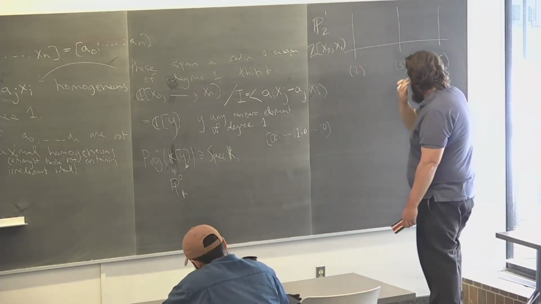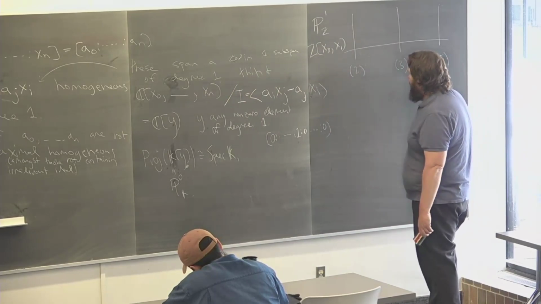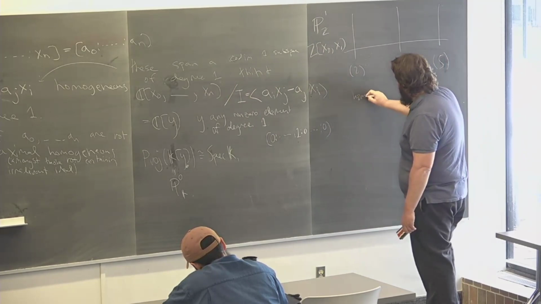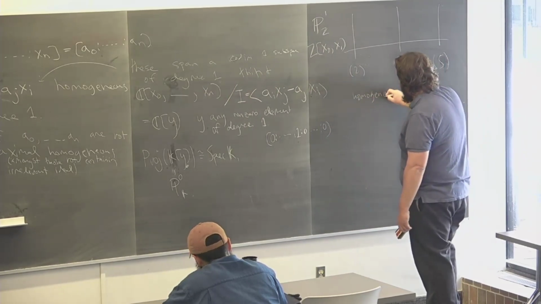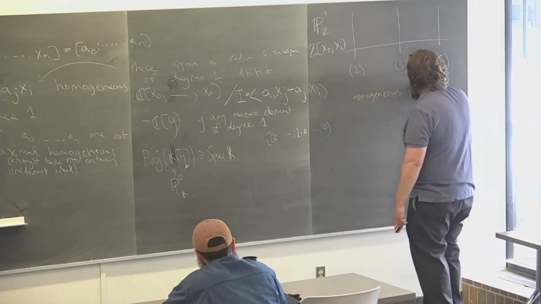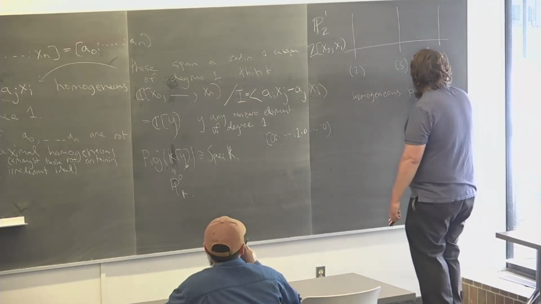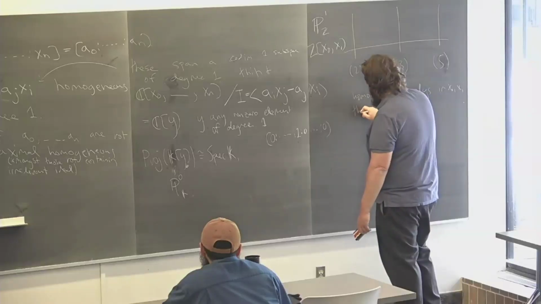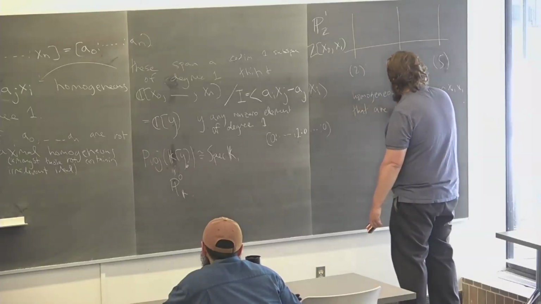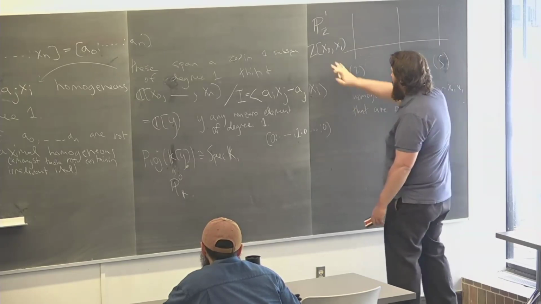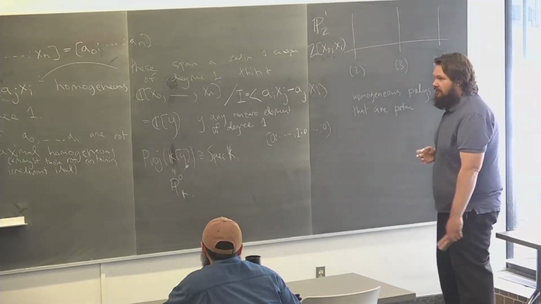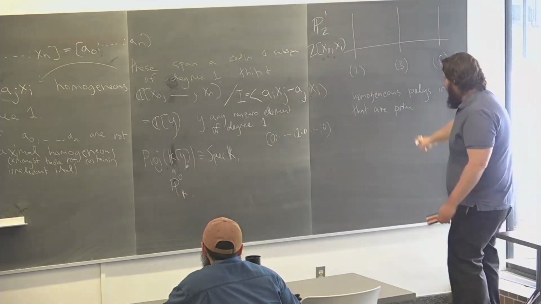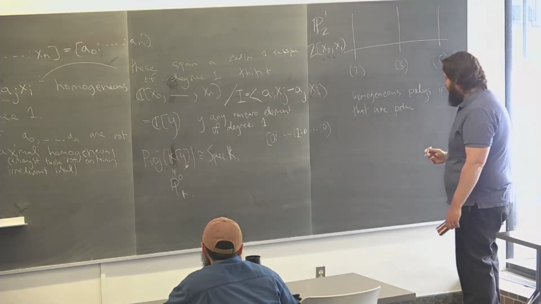But more generally, what I'm going to look for is polynomials which are homogeneous, so homogeneous polynomials in x0, x1 that are prime. And this is a UFD. So principal prime ideals are just ideals generated by elements that can't be factored.